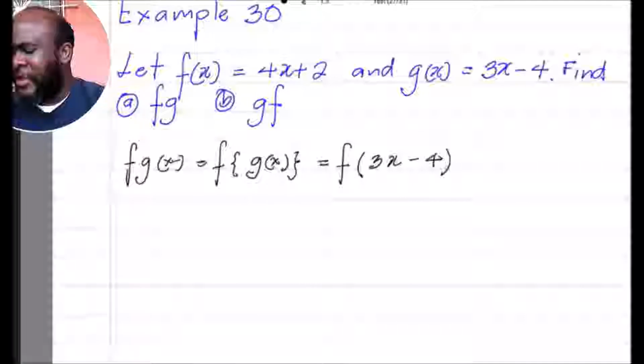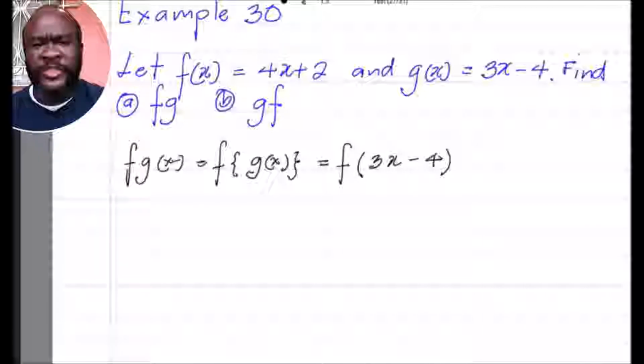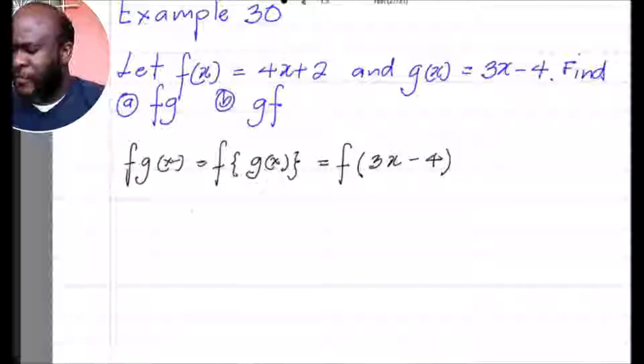So f of g of x is the same as saying f, and in bracket we have what? g of x. So f of g of x is the same as saying f of 3x minus 4. Now to find f of 3x minus 4, in f, wherever I see x, I'm going to take out x and put g, which is 3x minus 4.